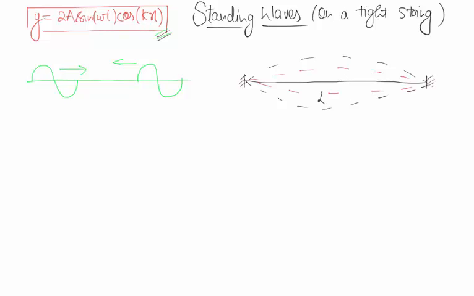I can again remind you that the points that do not move are the nodes, and the point which moves to a maximum extent is an antinode. So a standing wave has nodes and antinodes, and it vibrates in its own position, correct?